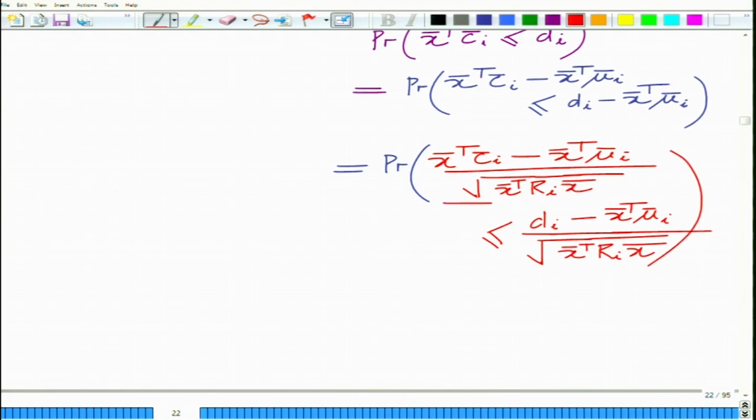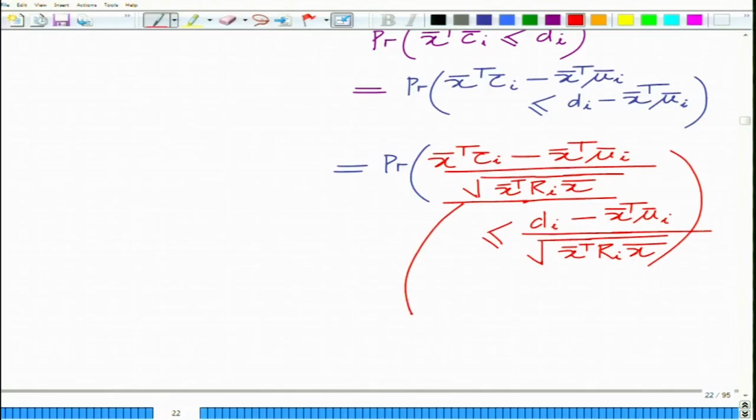Now, from a Gaussian random variable, we have subtracted the mean and divided by the standard deviation. That gives us a zero mean, unit variance Gaussian random variable, which is nothing but the standard normal random variable.